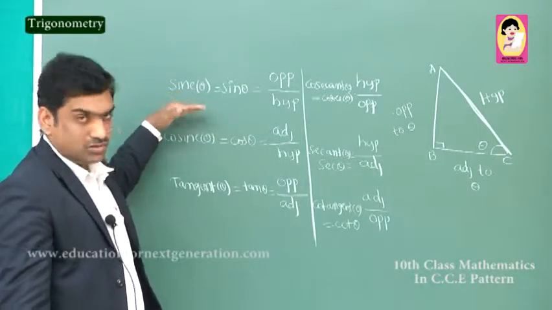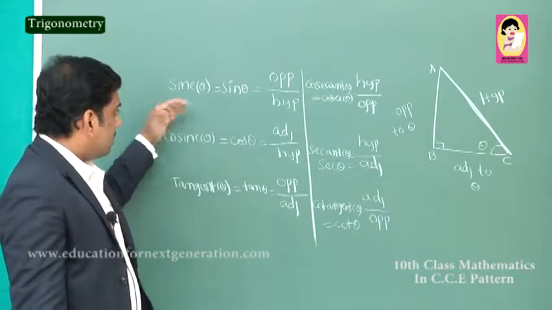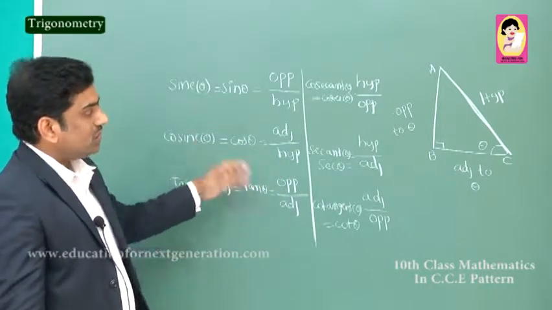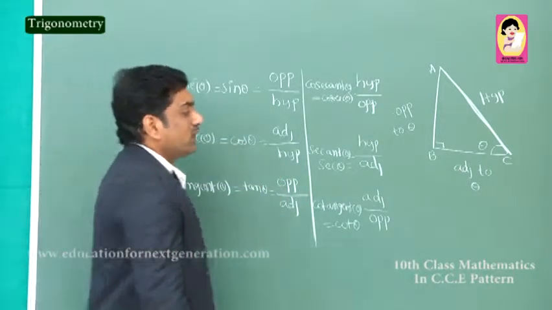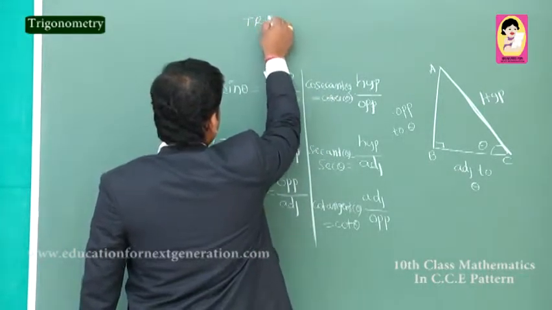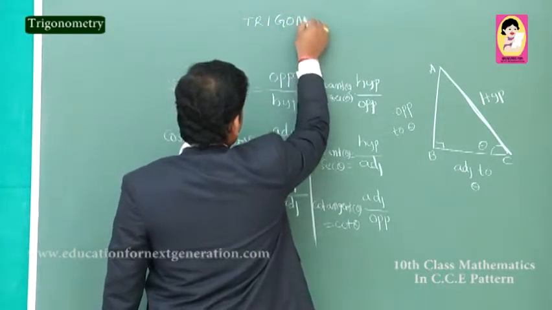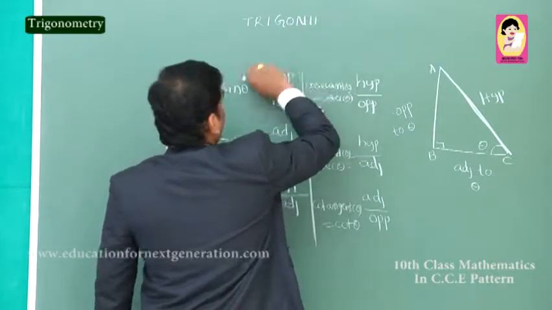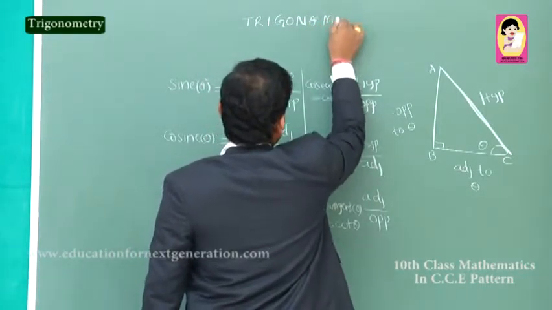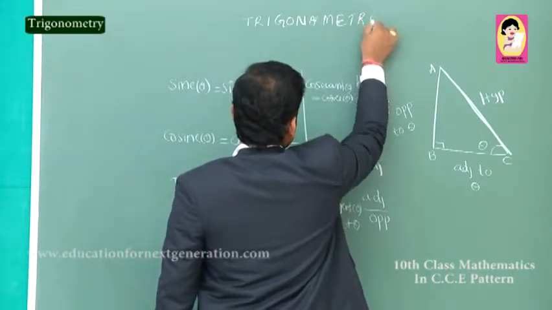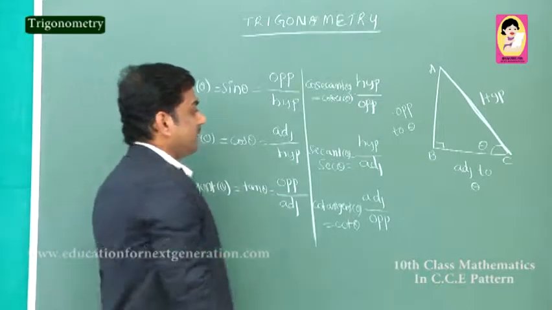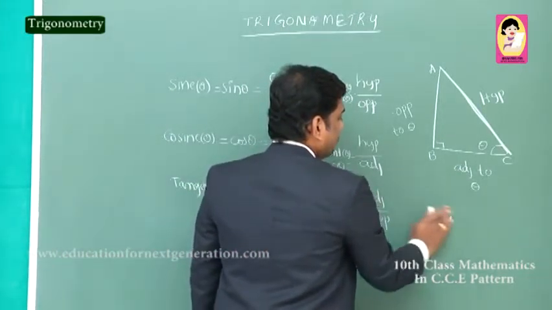He used it in astronomy, and afterwards, later on, all these were used. And if we go to the history of trigonometry, the spelling of trigonometry, if we see it separately, we can write like this.